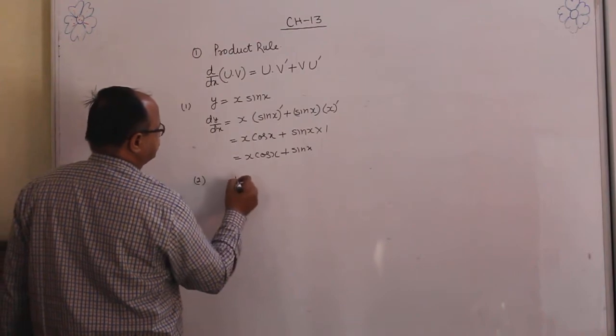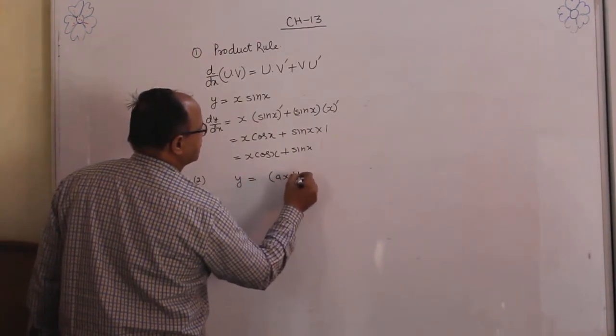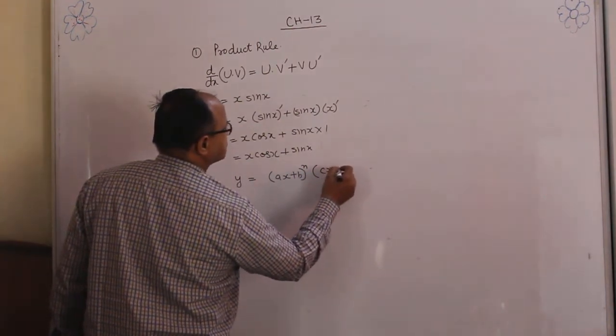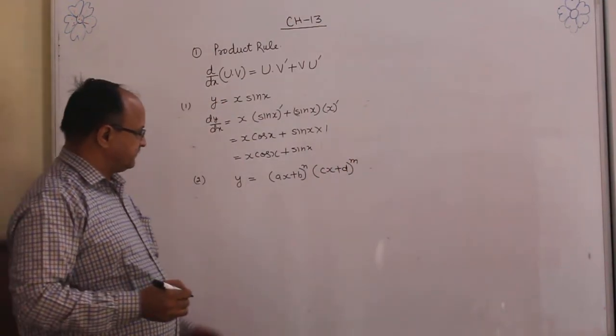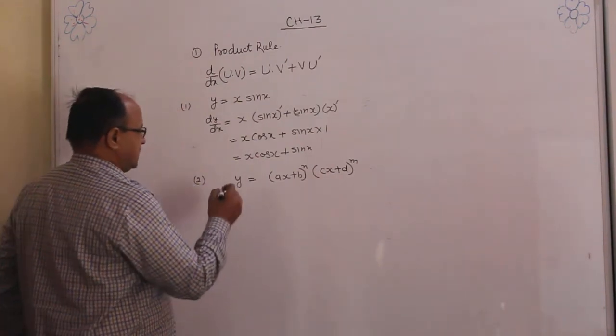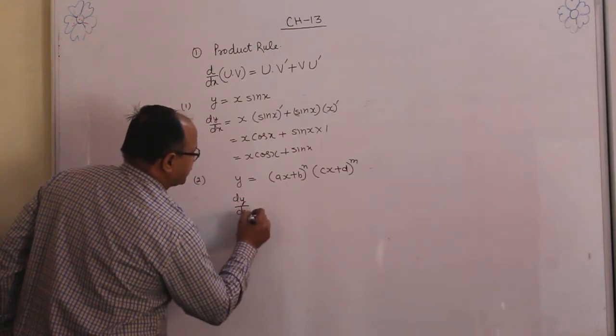Second question, y is equal to (ax plus b) all to the power n, (cx plus d) all to the power m. Find the derivative of this function using the product rule. According to the product rule, differentiate both sides with respect to x.